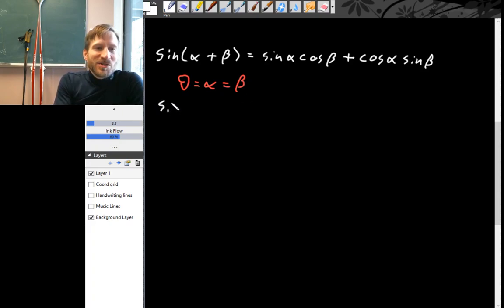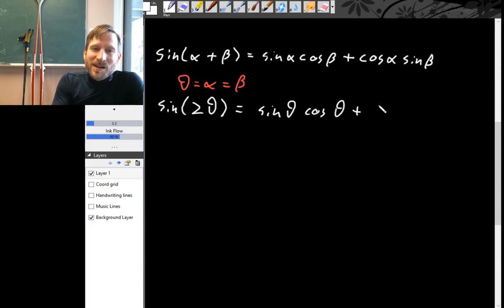This turns into sine alpha plus beta, that's 2 theta, equals, let's see, sine alpha is really theta times cosine of beta, but beta is really theta, plus cosine of alpha, but alpha is really theta, and sine of beta, but beta is really theta.